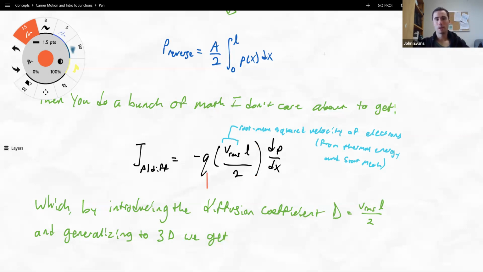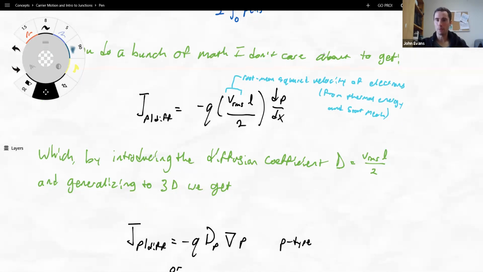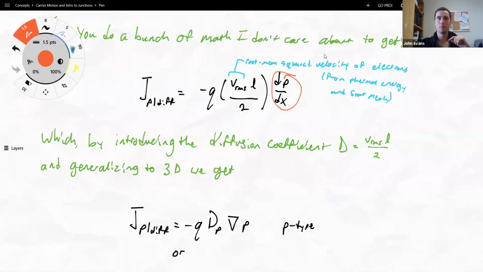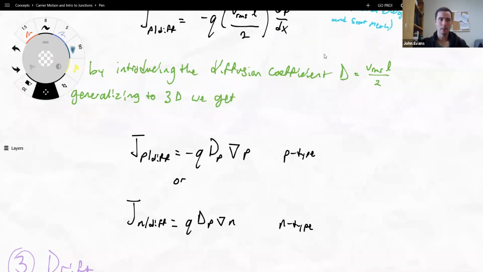So we are going to introduce the concept of a diffusion coefficient, which is going to be defined as the root mean squared velocity multiplied by the length we're interested in, divided by 2, which we will then also generalize to 3D, because here we were only looking at dp/dx, but remember we're looking at volumes here, so we need to look at all 3 directions.